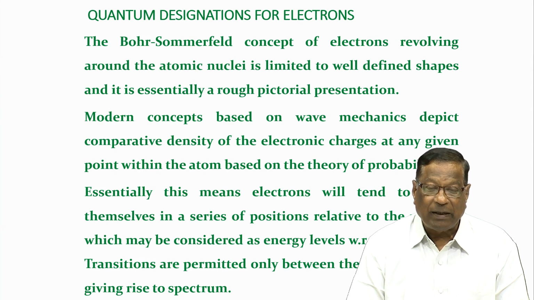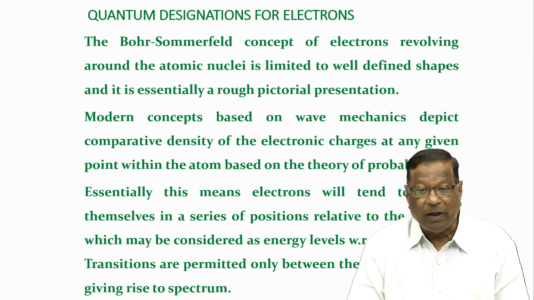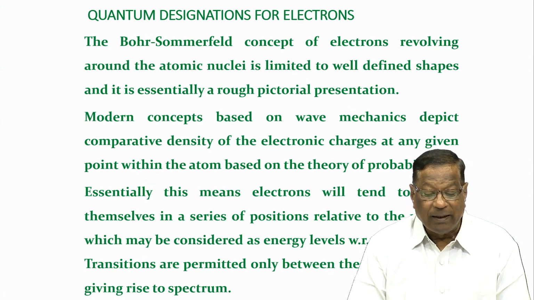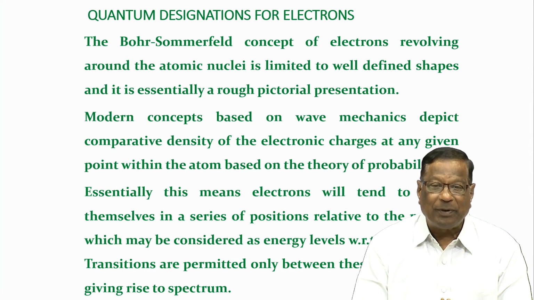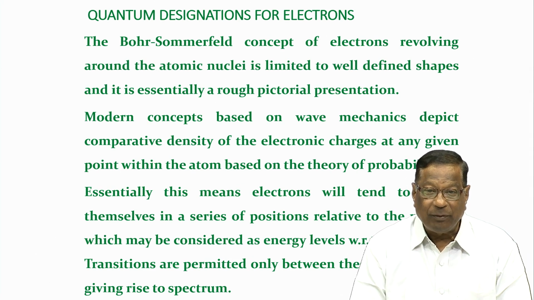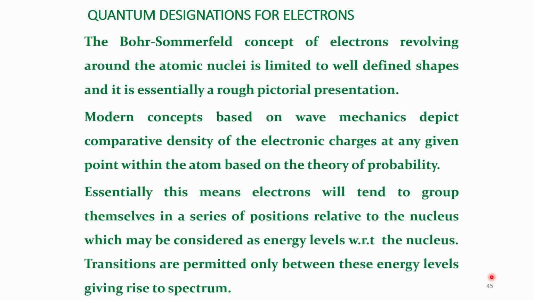The Bohr-Sommerfeld concept of electrons revolving around the atomic nuclei is limited to well defined shapes only. It is essentially a rough pictorial presentation. Modern concepts based on wave mechanics depict the quantitative comparative density of the electronic charges at any given point within the atom, based on the theory of probability. So, we essentially say that the electron remains maximum in a certain space around the nucleus.